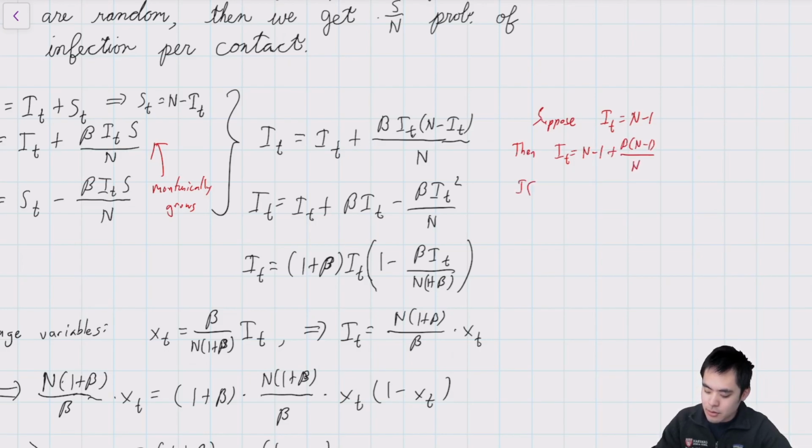And so if beta is greater than 3, then I sub t plus 1 is greater than n, which is clearly impossible.